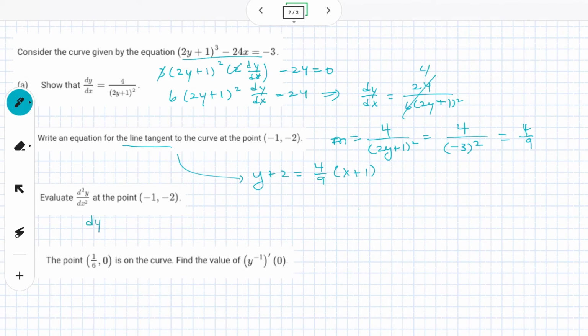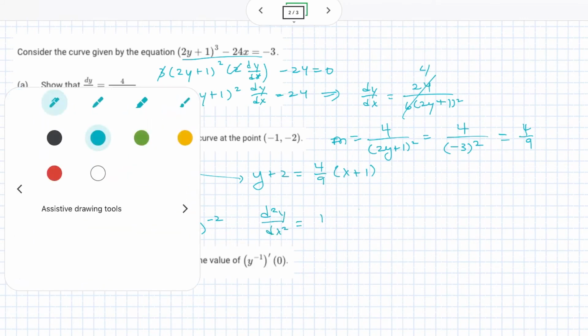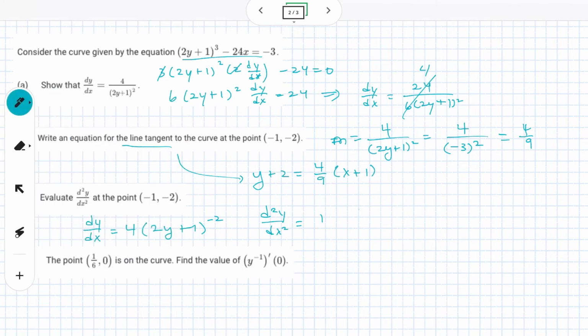Now they want us to find the second derivative. So I can rewrite dy dx as 4 times 2y plus 1 quantity to the negative second power. And then I can go ahead and take the derivative of that.